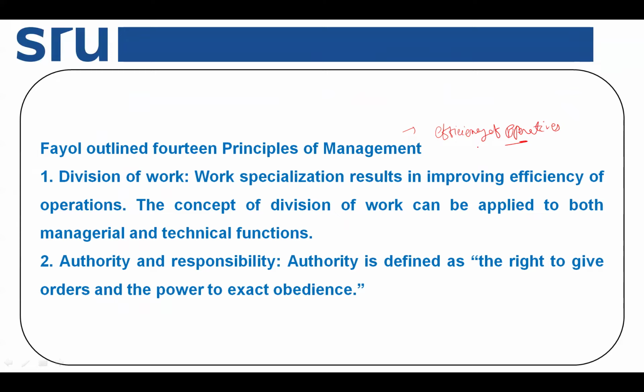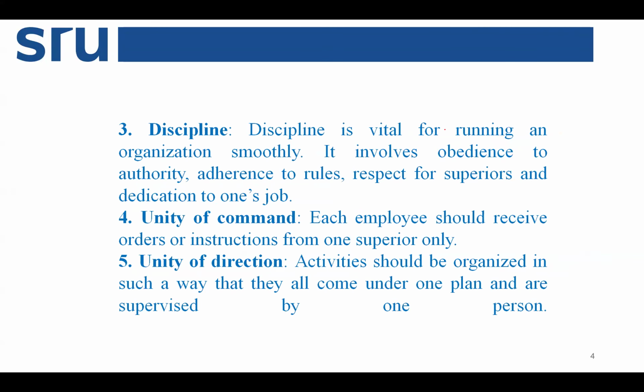Then authority and responsibility. What do you mean by authority? Authority is defined as the right to give orders and the power to exert obedience. Authority means the right to give orders to the staff to do some work, and the power to exert obedience. Then discipline.